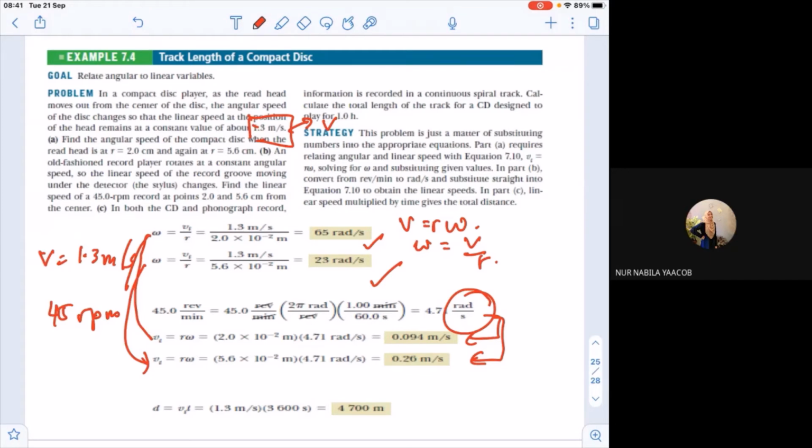V is equivalent to distance over time. We want to find the distance. So D equals V times T.